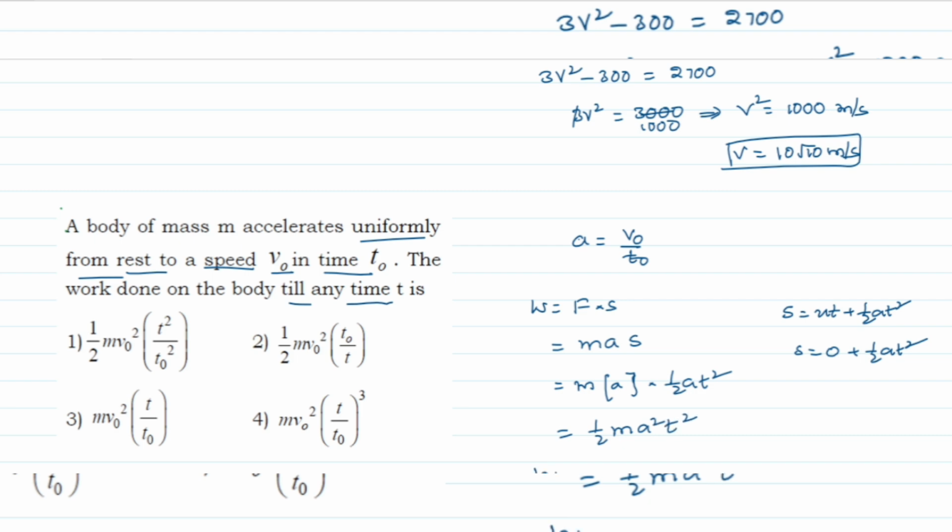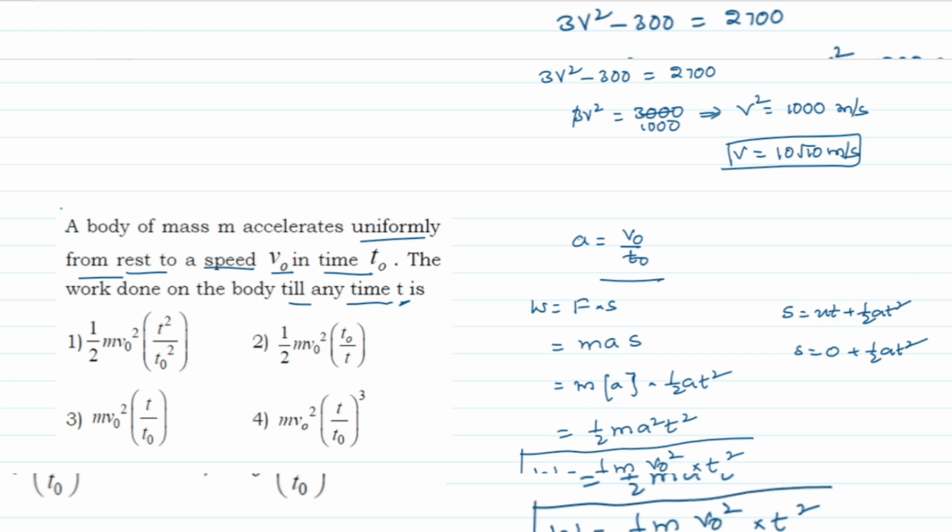Therefore the work done is half into m into acceleration, and we know the acceleration is v0 by t0, so it is v0 square by t0 square into t square. This is the work done during the time interval t. The acceleration time is given as t0. So the correct answer is half m v0 square by t0 square into t square.